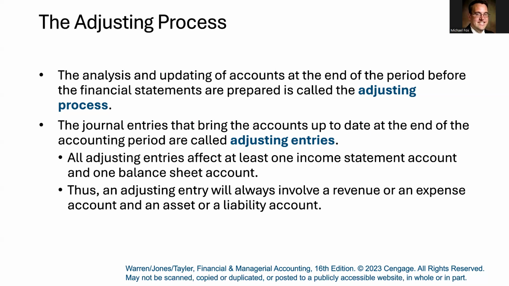If it's two income statement accounts, like a revenue and an expense, something's off. Or if it's two balance sheet accounts, something's off. That's just a good thing to know, and it'll make more sense as you do some of them. So it always involves a revenue or an expense and an asset or a liability account. Those are the rules with adjusting entries, and you'll see why in a minute.